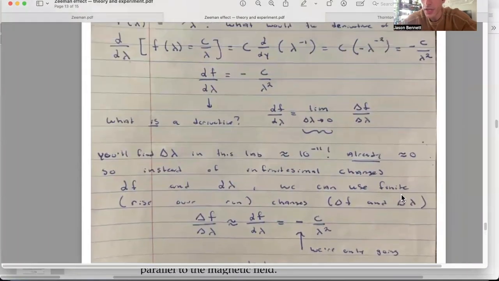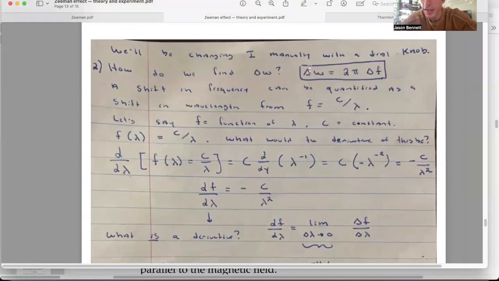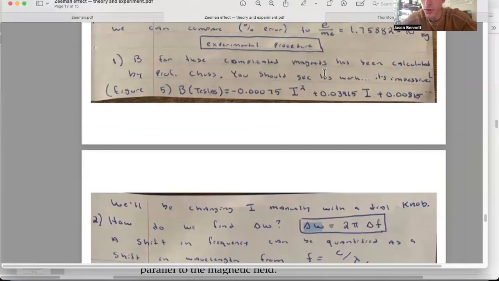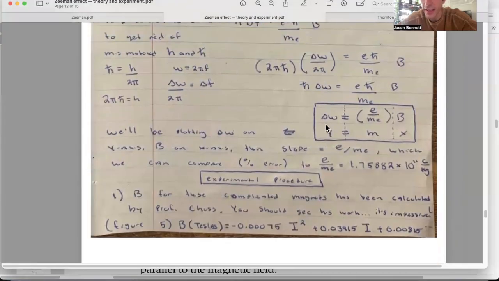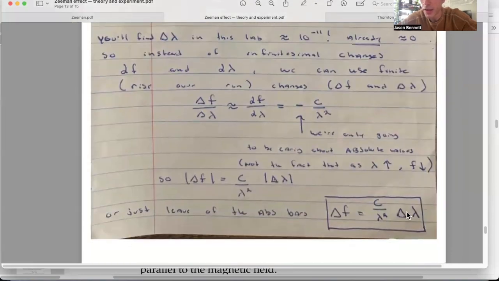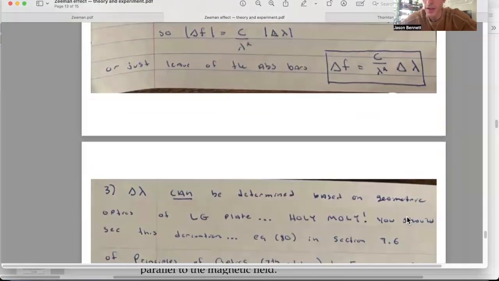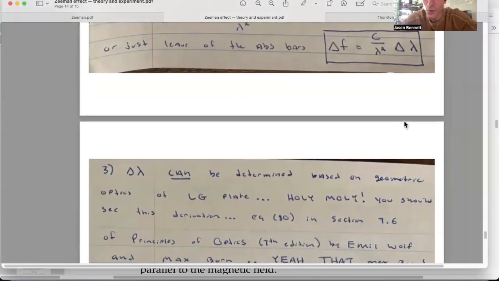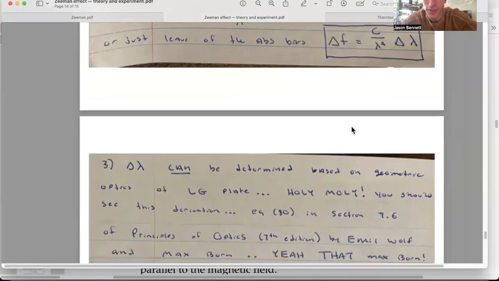So now we can plug that into this equation, and we have the dependent variable that we want to analyze in terms of not just the frequency, but the wavelength shift. The wavelength shift is what we can actually determine based on the geometric optics of this LG plate.